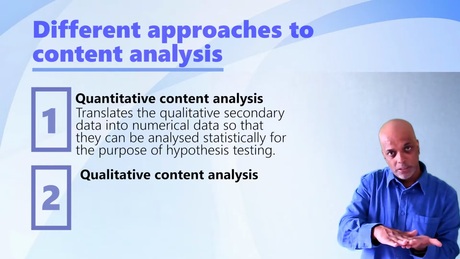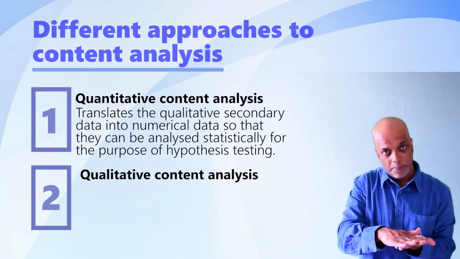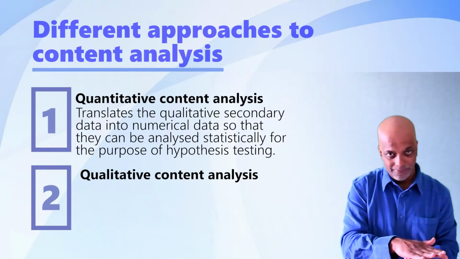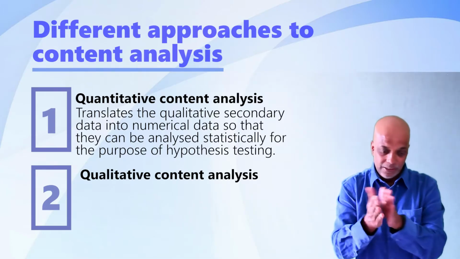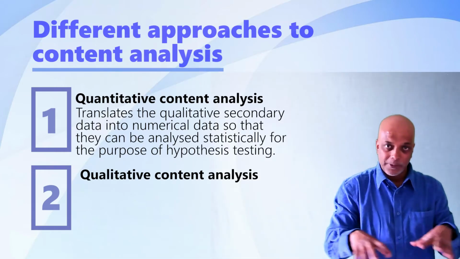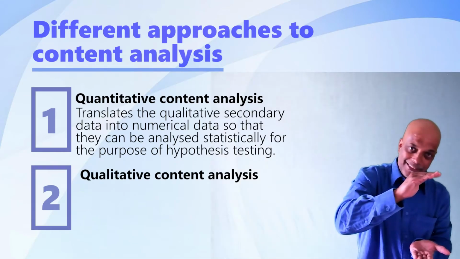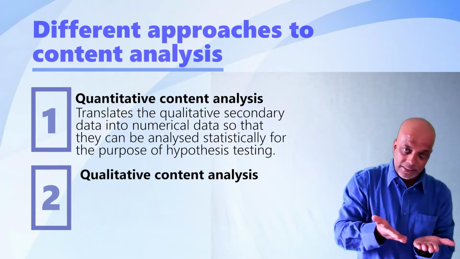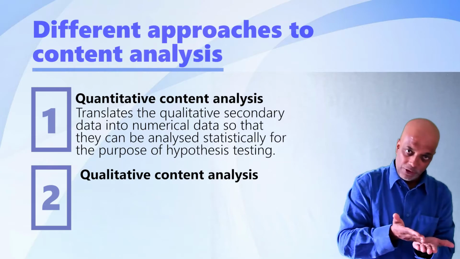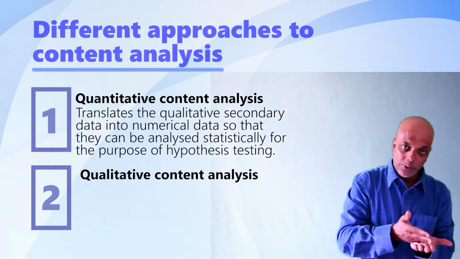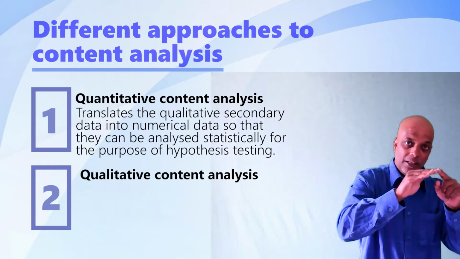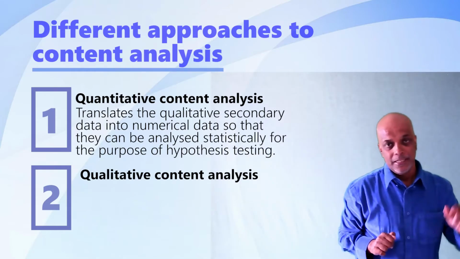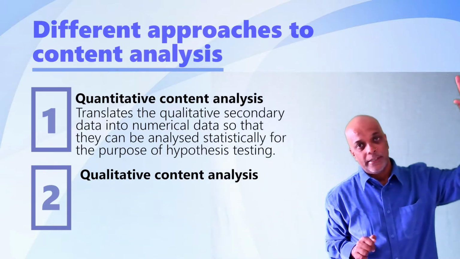So you count the words, you count the paragraphs, you count the pages, and so on, and then convert these into numbers. So that is the analysis. The data is qualitative, but in the process of analysis, you convert the qualitative data into numerical data so that you can use statistics to prove hypotheses. That is the quantitative content analysis.